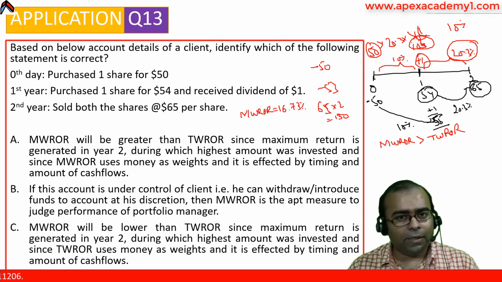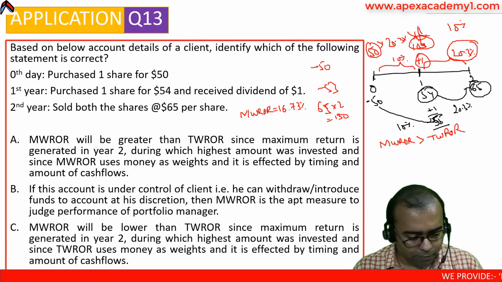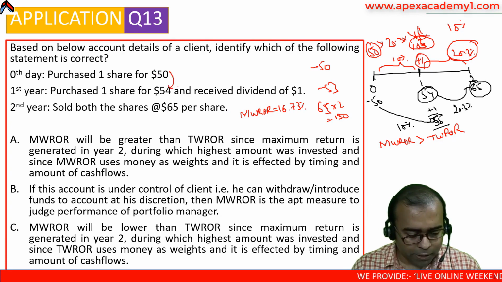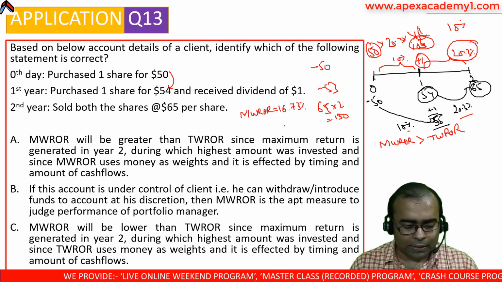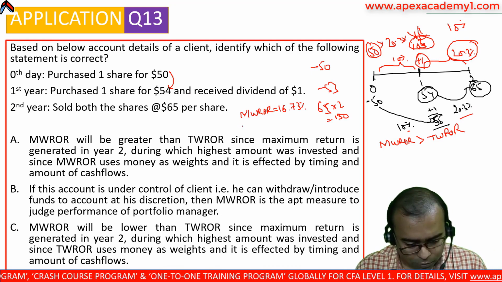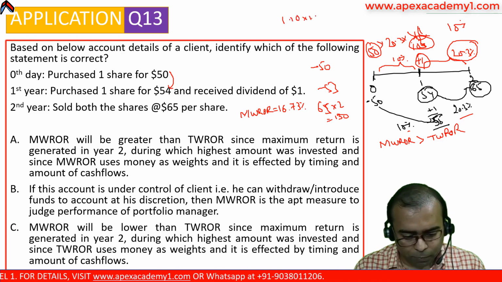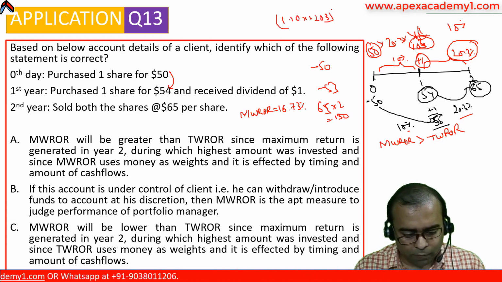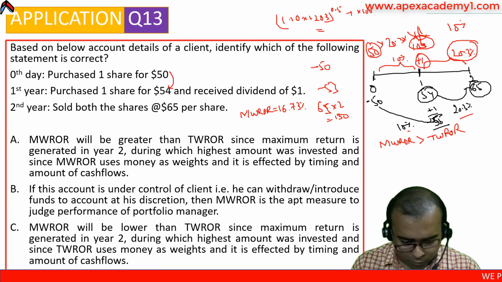TWROR is not affected by the timing and amount of cash flow. How will it be calculated? We calculate the period 1 return, then the period 2 return that we have already done, and then use a geometric average. That is 1.10 into 1.203, to the power of 0.5, minus 1, into 100 to get the return in percentage terms.